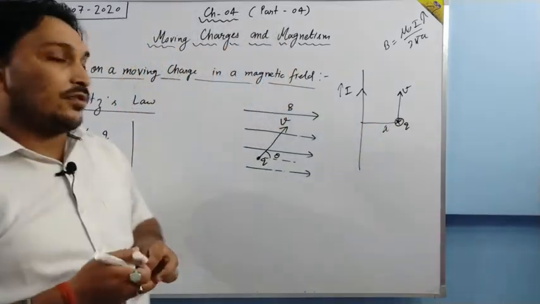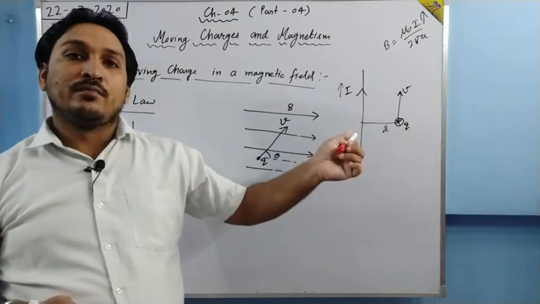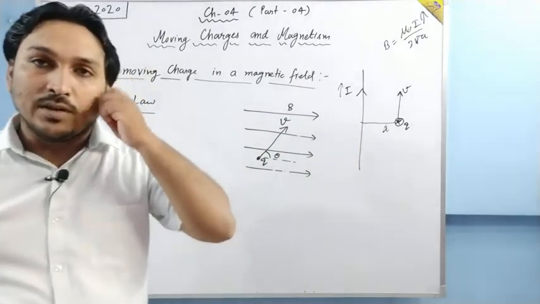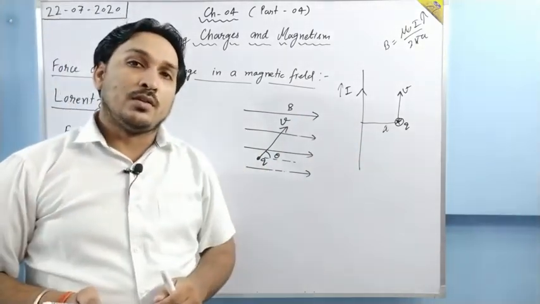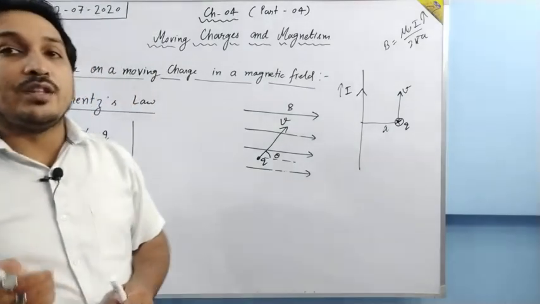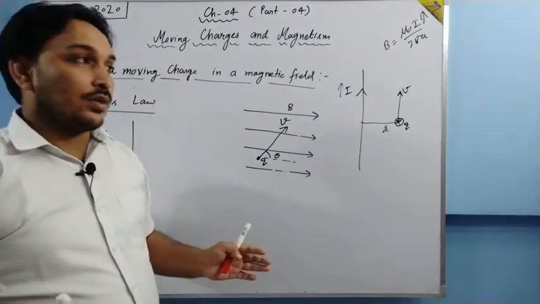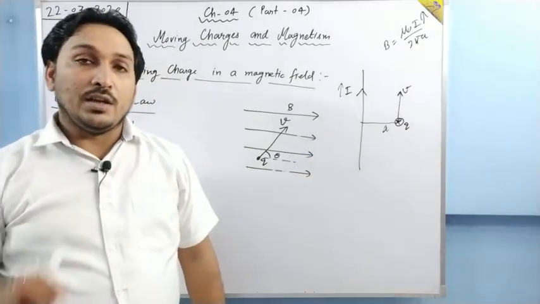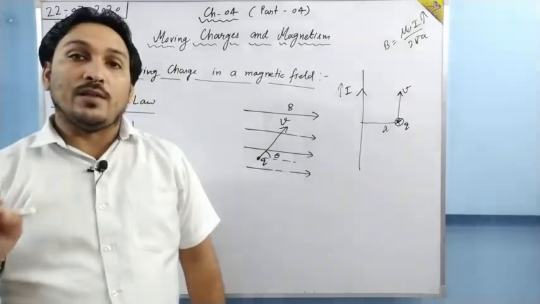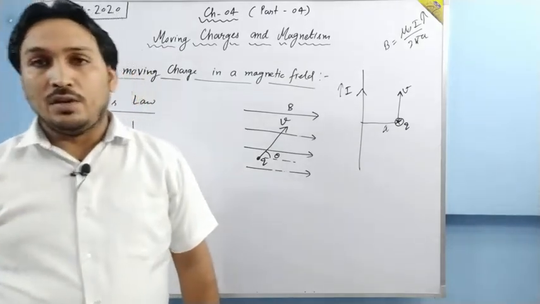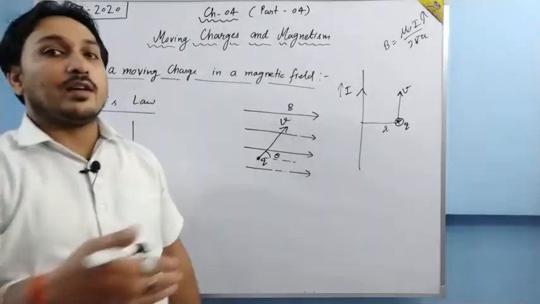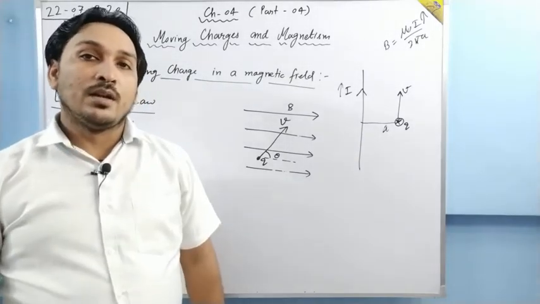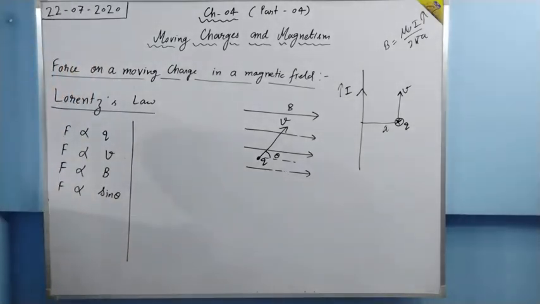If the charge is moved in that direction, for a moment what we observe is that the charge does not experience any force. So basically when the charge is moving in the direction, then there is no force. When the charge is moving perpendicular, the deflection is the most. So for perpendicular, deflection is the most. When the charge is moving in the direction of the magnetic field, there was no force. From there, the sine theta comes into play.